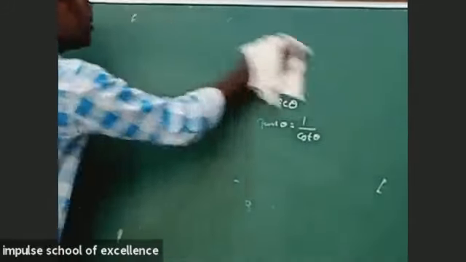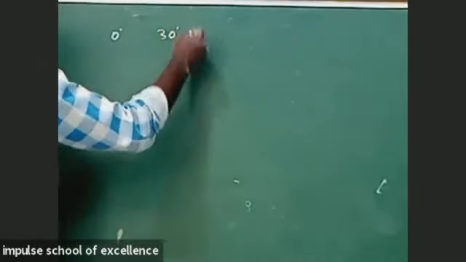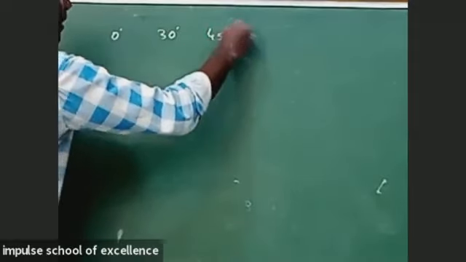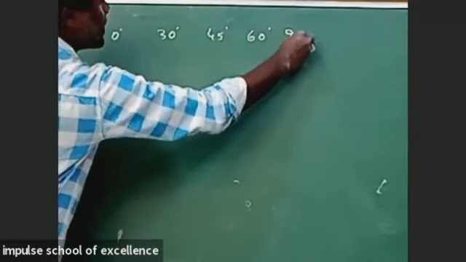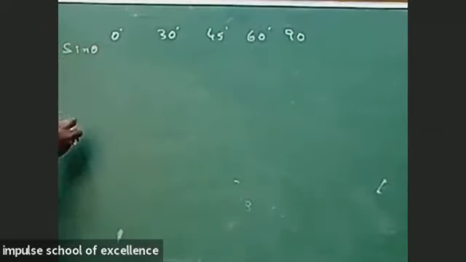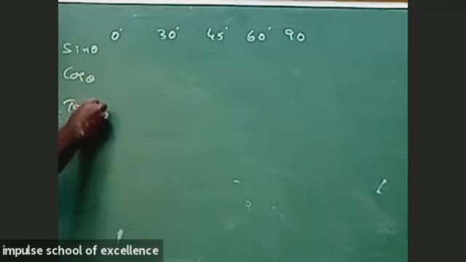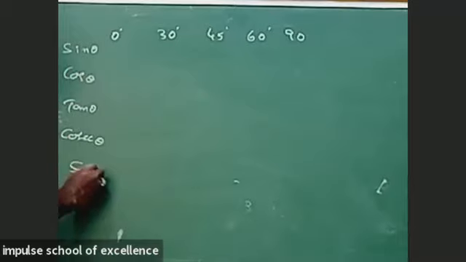So taking the angles 0 degrees, 30 degrees, 45 degrees, 60 degrees, and 90 degrees, we have sin theta, cos theta, tan theta, cosecant theta, secant theta, and cot theta.